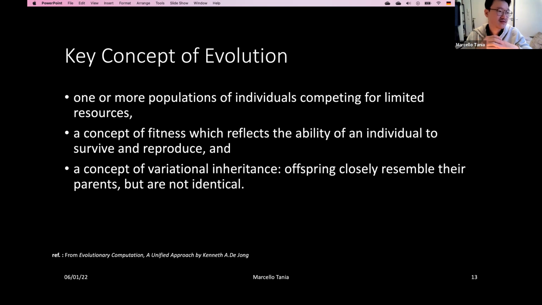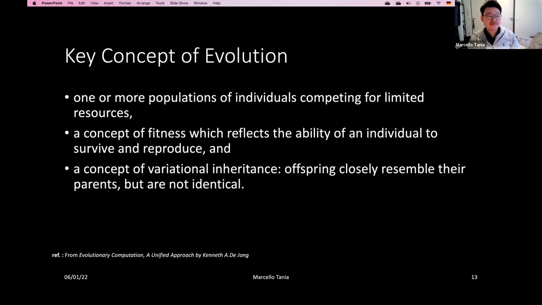That makes the first key concept, and also that makes it hard for those who don't have fitness, who are not strong enough, and they get killed by someone who is stronger, and they get more food.